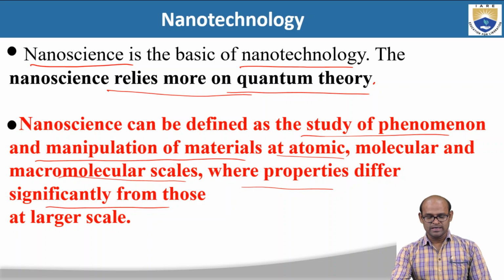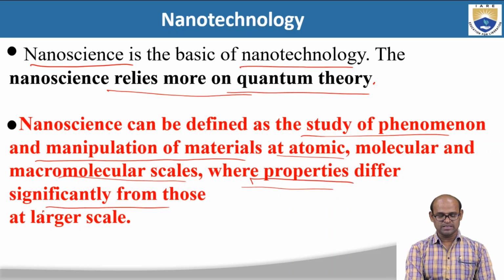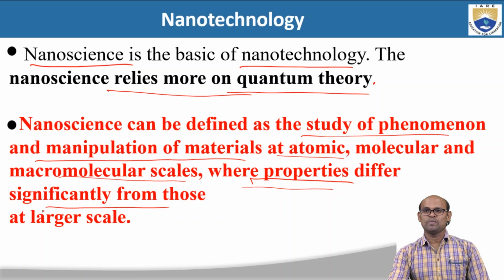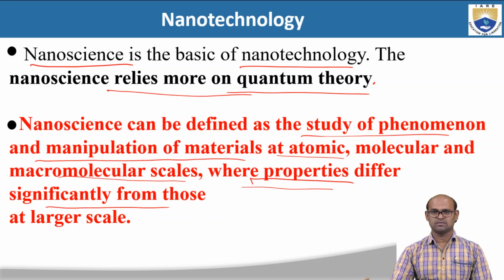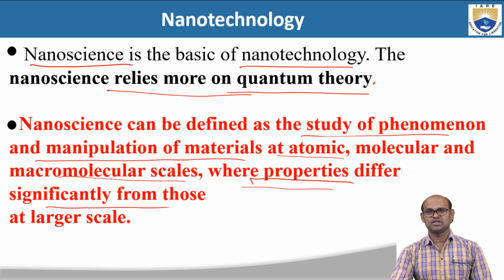This nanoscience is a study of phenomenon or manipulation of materials at different scales, atomic scale, molecular scale, and macromolecular scale, where we look at the properties. When we look at the properties of materials at macro scale and materials at micro scale or nano scale, there is a huge difference in the properties of these materials.